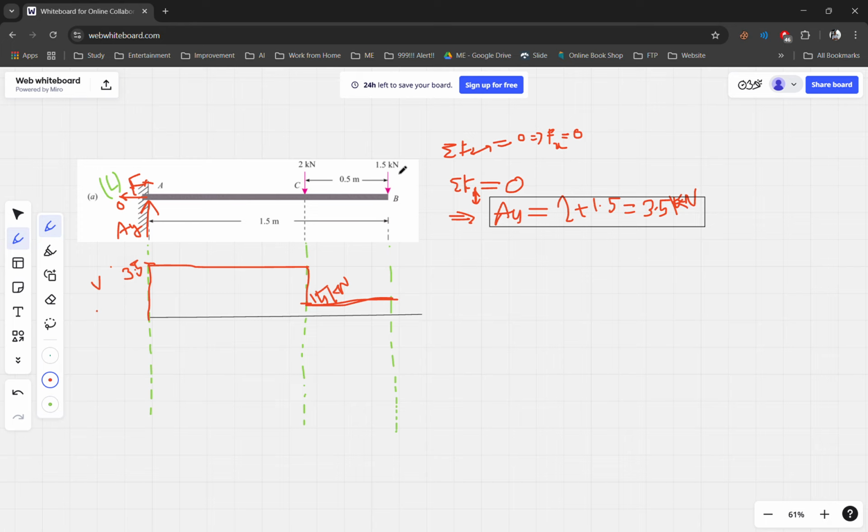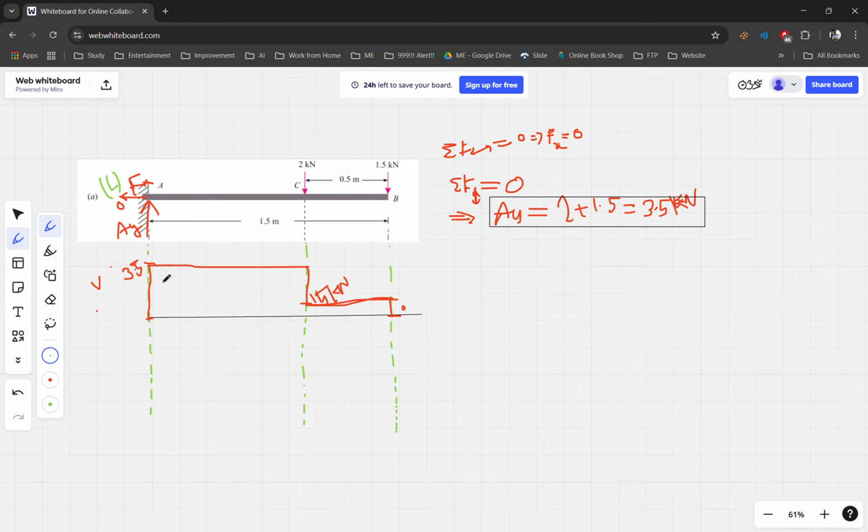And at this point it will go down to 0. Always remember that the shear stress diagram or the moment diagram, everything will start from 0 and will end at 0.